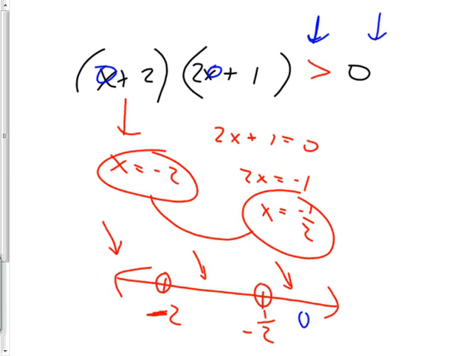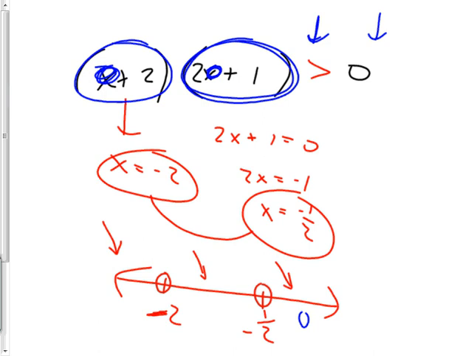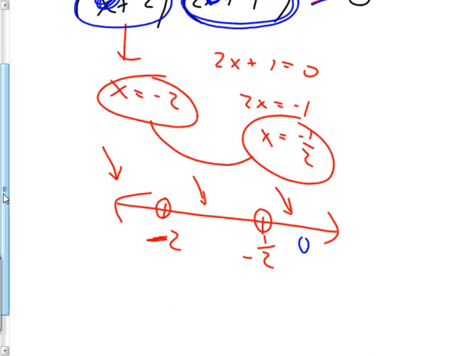So I don't care exactly what answer I get. I just want to know, is that positive or negative when I put in a 0 here? It's positive. When I put in a 0 here, does this become positive or negative? Positive. I don't even care what number it is. I just care that it's a positive times a positive, which makes a positive. Are positives bigger than 0? Yes. So when I put in 0, it worked.